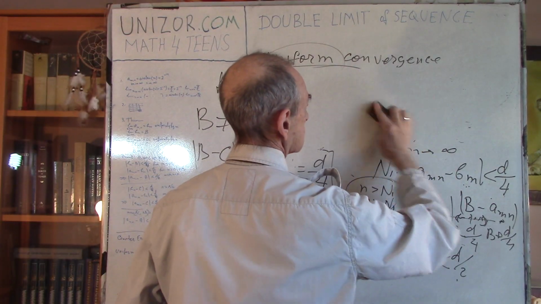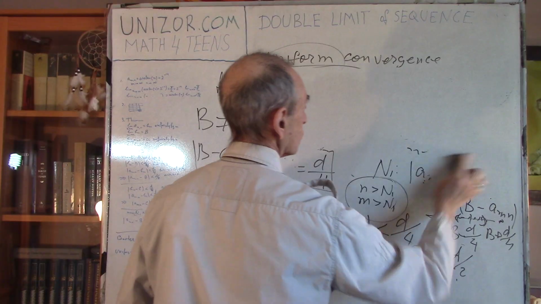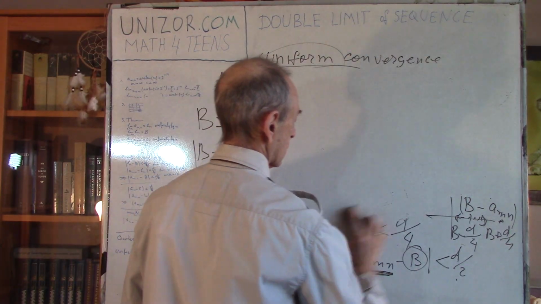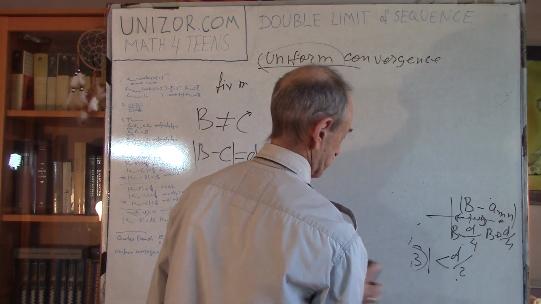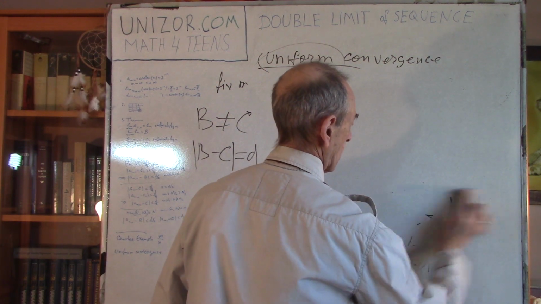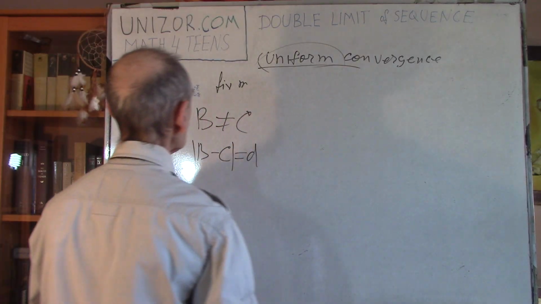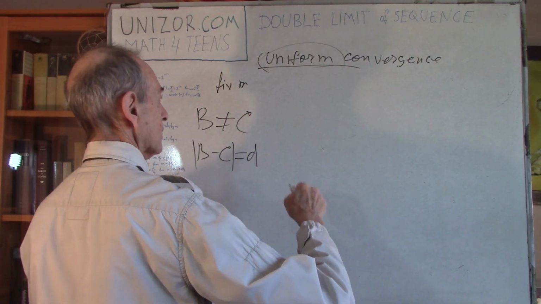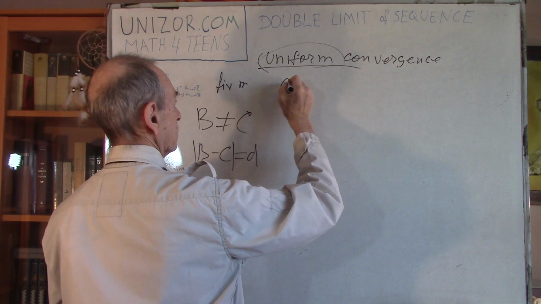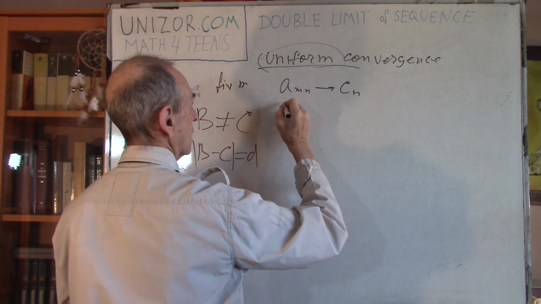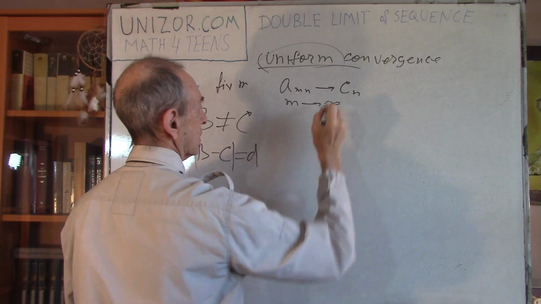Well, I can say it's just analogous, but I would like to repeat it again so you will have this logic a little bit better. So we go by a different index. We have a_mn goes to c_n if m goes to infinity.